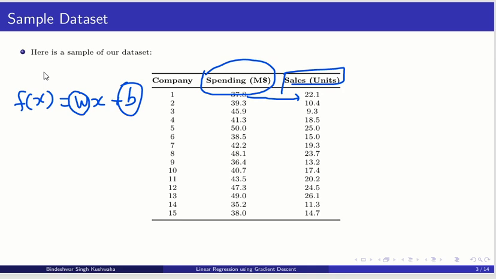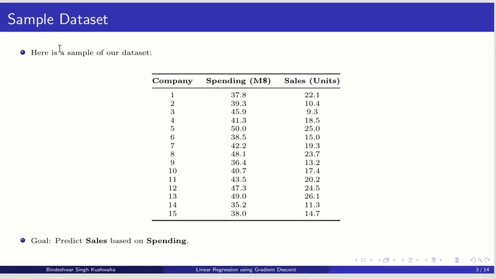And see that in almost every algorithm a model learns a function, whether it is deep learning, generative AI, or machine learning, or any algorithm. It learns or it approximates a function. Now the goal is to predict sales based on spending, which I have already explained.